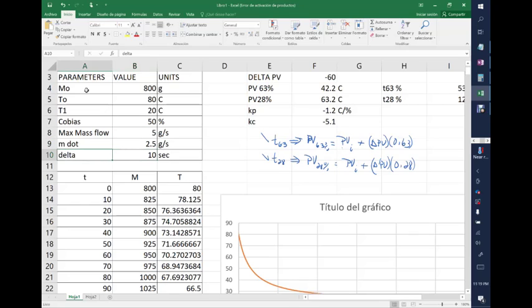So basically that will generate this equation here. At time 0 we have 800, which comes from the parameter right here. And how about the T? The T comes from here as well, B5. Now this one here, careful, let me increase this a little bit so you know what is inside.